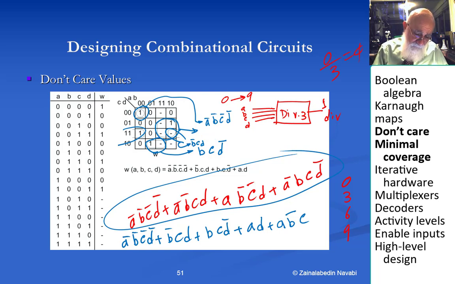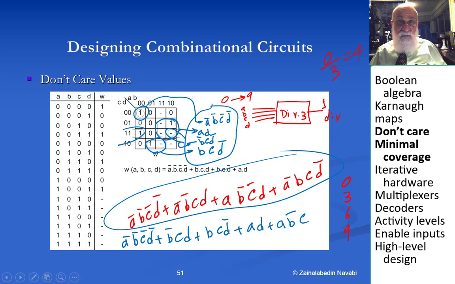Okay, just write these a little bit more compact. So my function becomes this. Now compare this with this. 1, 2, 3, 4. 4 variable product terms.